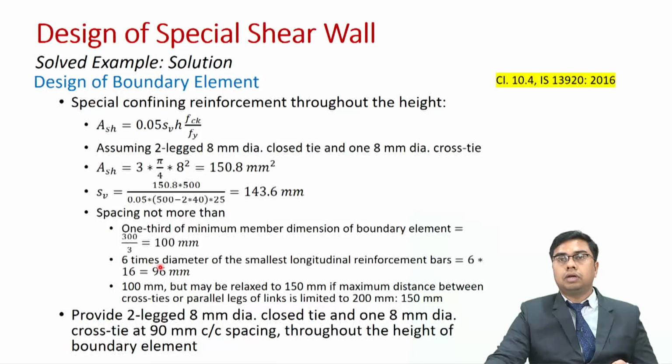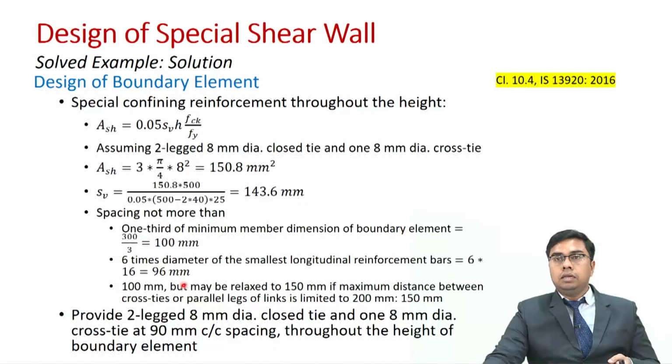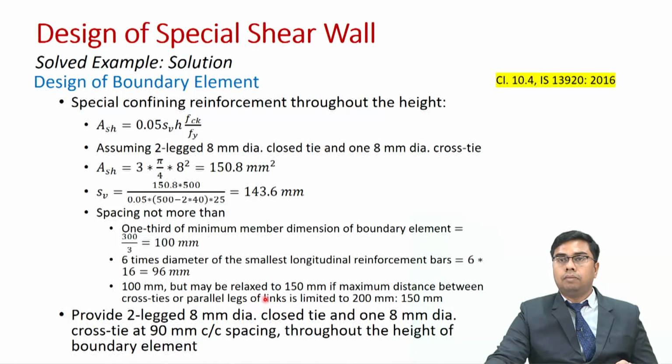Then the spacing also cannot be larger than 6 times the diameter of the smallest longitudinal bar, and the longitudinal bar which we have used is 16 mm dia. So it is 6 into 16, or 96 millimeters. Then 100 mm, we cannot exceed the spacing by 100 mm, but it may get relaxed to 150 millimeters if the maximum distance between cross ties of parallel legs of the links is limited to 200 millimeters.